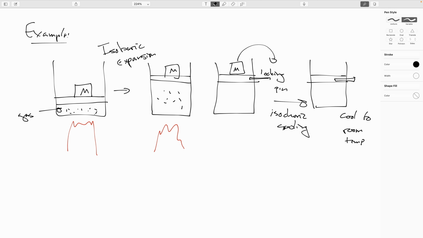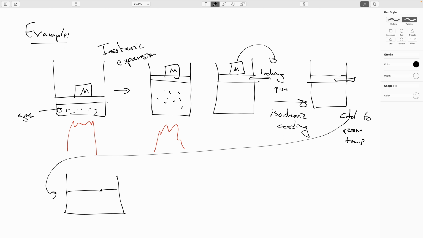And then finally we can imagine that in our last step here, we go ahead and have some external force push the piston down, and we do it slowly enough that it remains exposed to air. So then this will still be at room temperature.